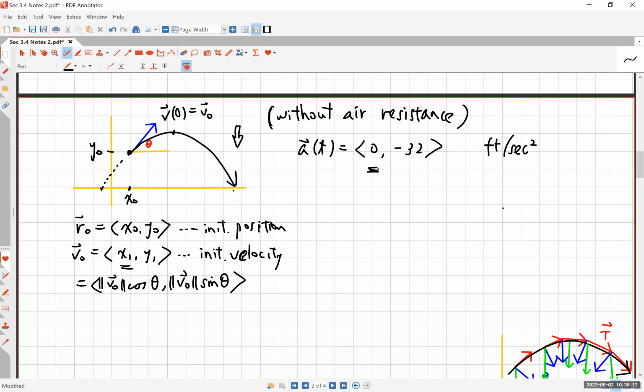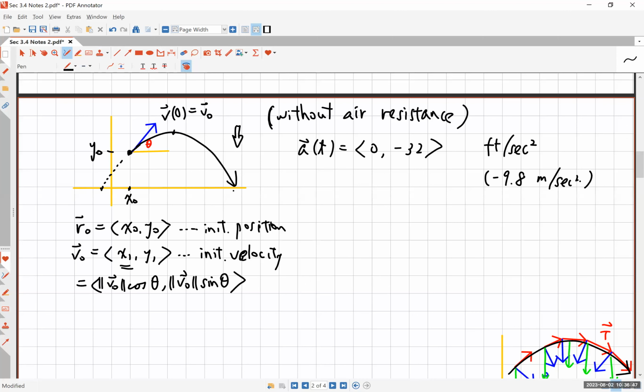The x direction is not affected by this: no acceleration in the x direction. But gravity forces things down, and that is -32 feet per second squared. If you live anywhere besides the United States, of course, you use the metric system, and that constant is -9.8 meters per second squared.